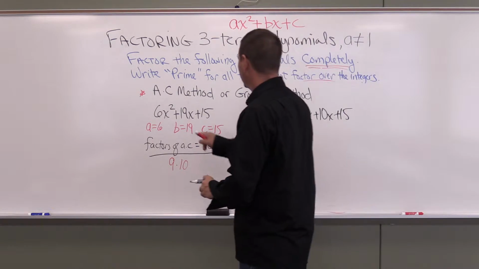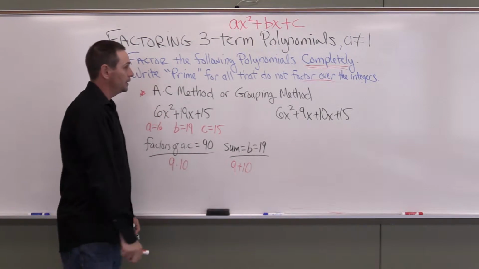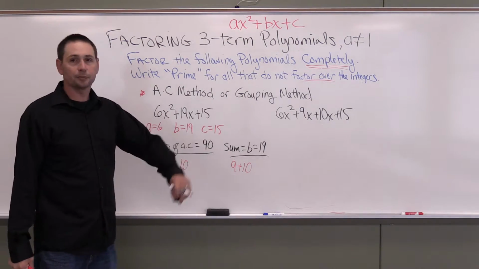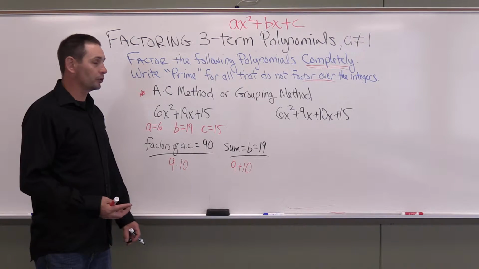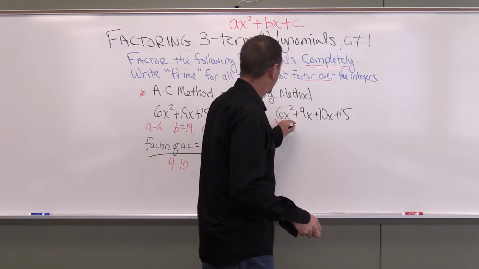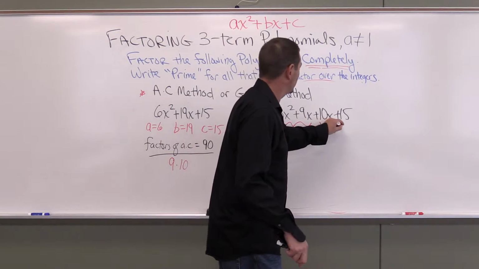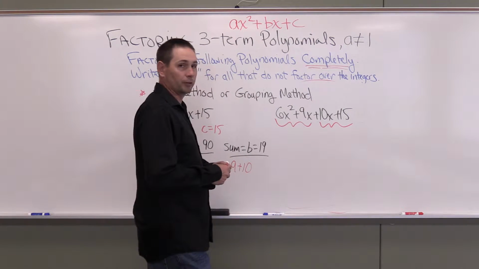All I did was rewrite this problem using these as coefficients in the middle term to break it up into 2 terms. Instead of writing 19x, I wrote 9x plus 10x. Now I have a 4-term polynomial. I could actually put the 9 in the back if I wanted to, and the 10. It doesn't matter which direction you do it, but I'm going to group them how we learned the 4-term ones.